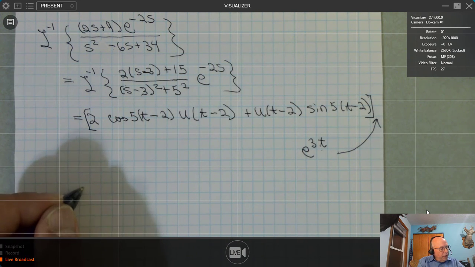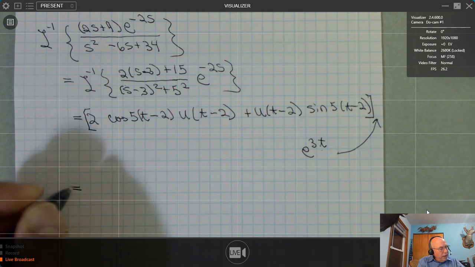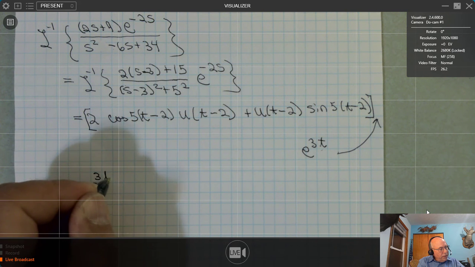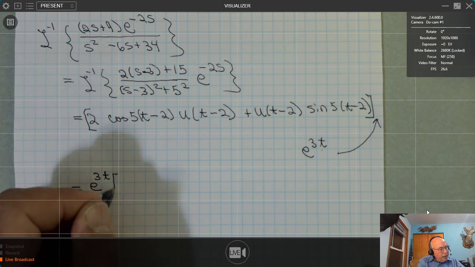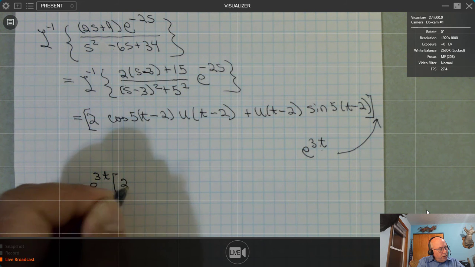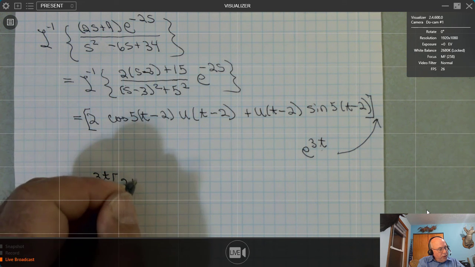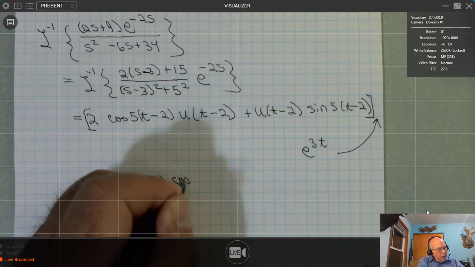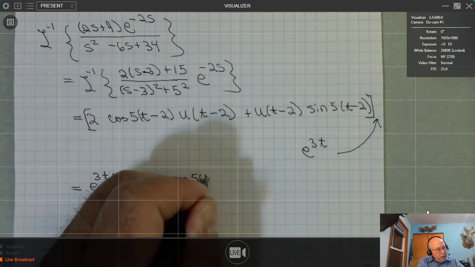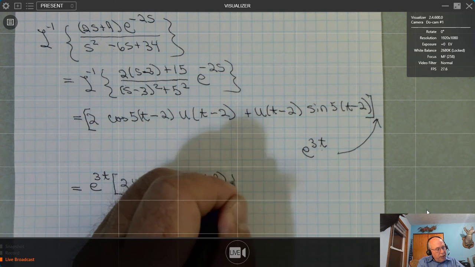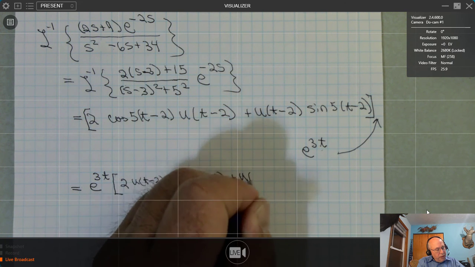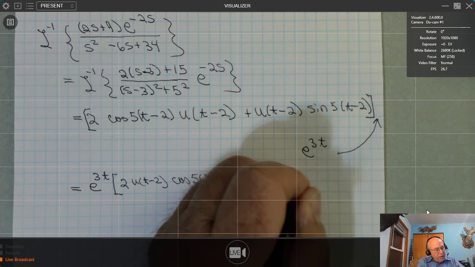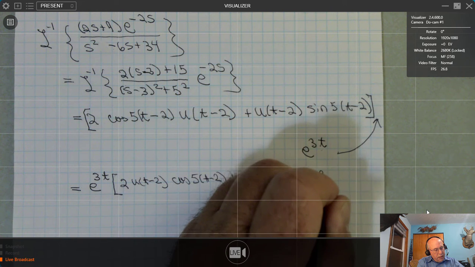And let me just write it out now in a reasonably coherent way. e to the 3t times the quantity 2 u of t minus 2 cosine 5 times t minus 2, plus u of t minus 2 sine 5 times t minus 2.